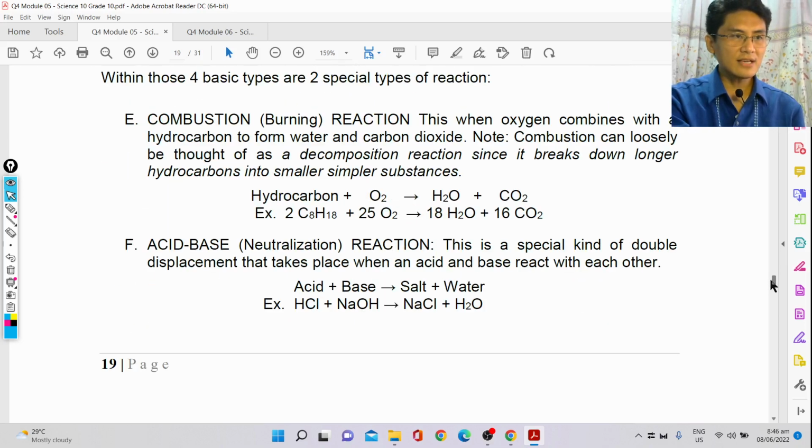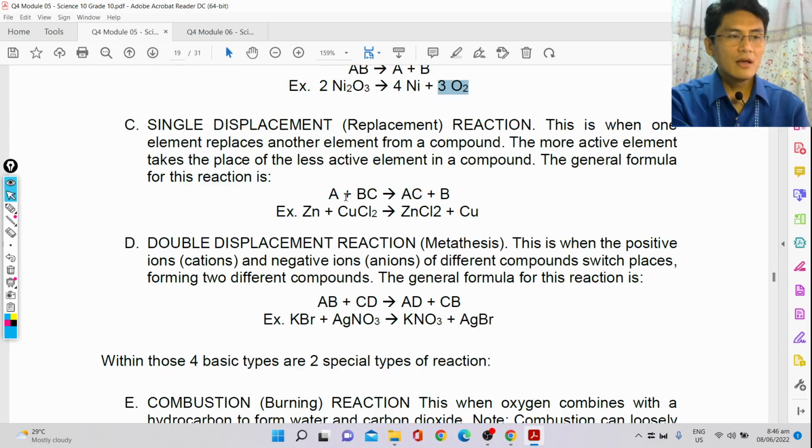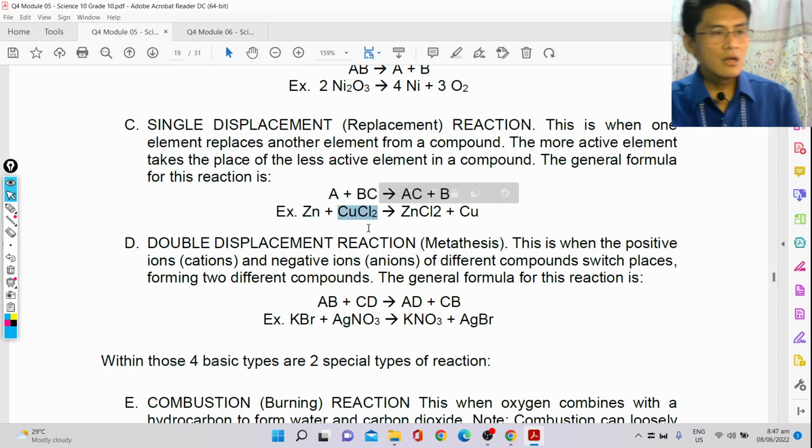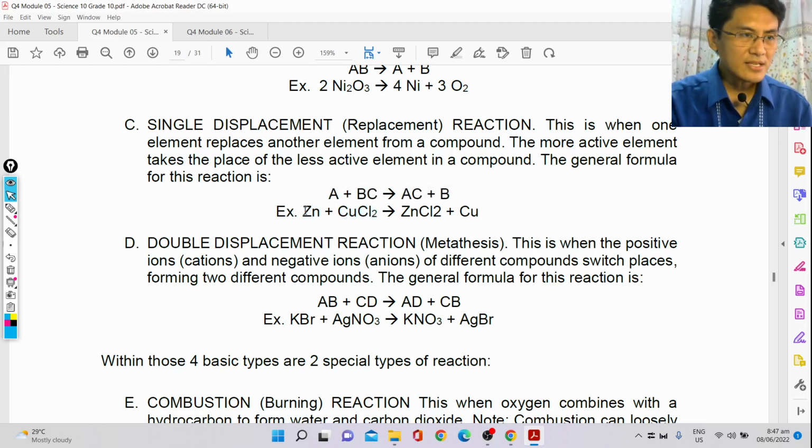And then you have a single replacement reaction. And a single replacement reaction, remember, this is the general case. So for example, you have here zinc and CuCl2, copper chloride. What happens is the zinc now replaces the copper, and copper is displaced.